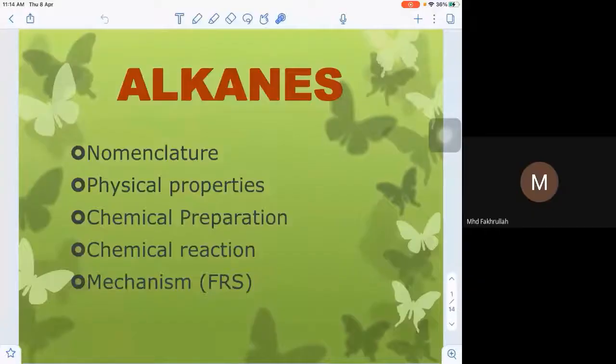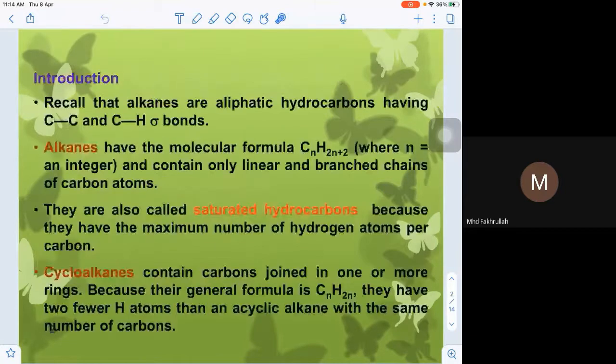However, in the type of reaction, we only have it for the second process, which is halogenation. The type of reaction there, which is the mechanism, is FRS. It means that we just discuss the mechanism for the second reaction of alkane, which is halogenation, not combustion. Only that is covered in our syllabus. Don't worry, we'll discuss that later.